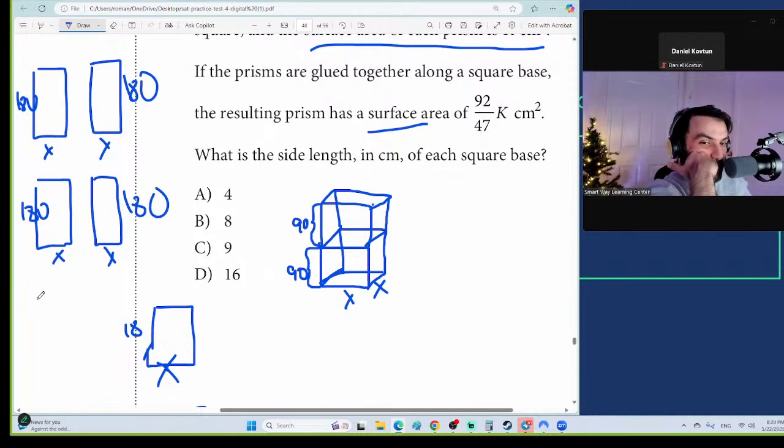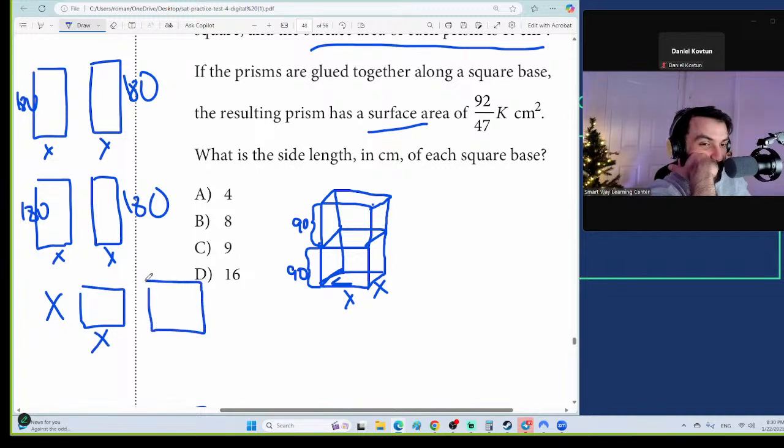Imagine that it's a building. I just calculated the surface area of all walls on the sides. Then I have to calculate the floor and the ceiling, which will be two squares, x by x. This is how the new figure looks if we break it down: four walls, top and bottom.